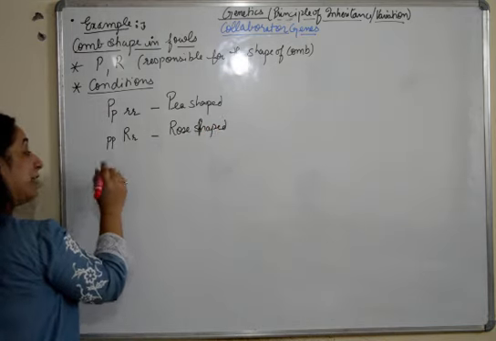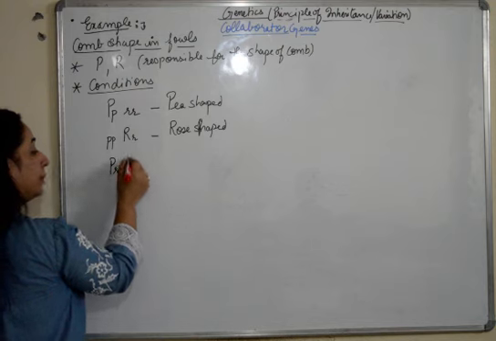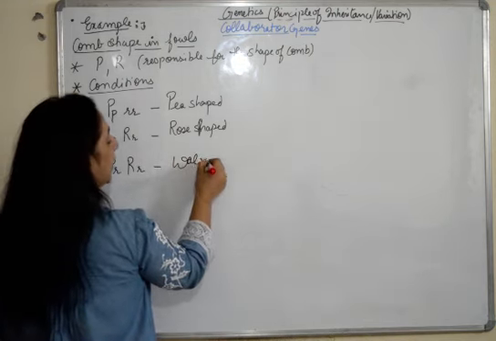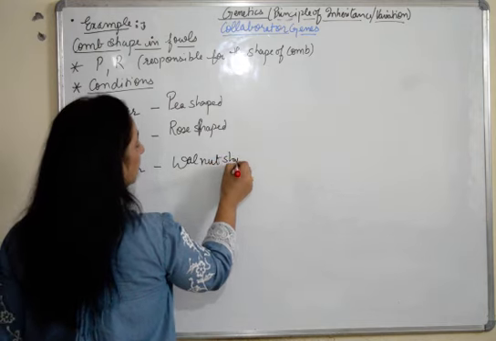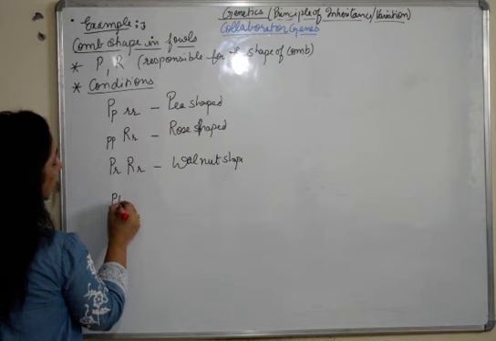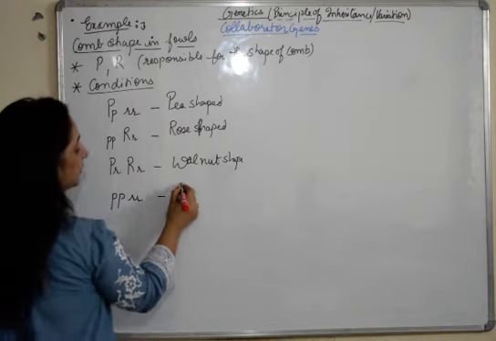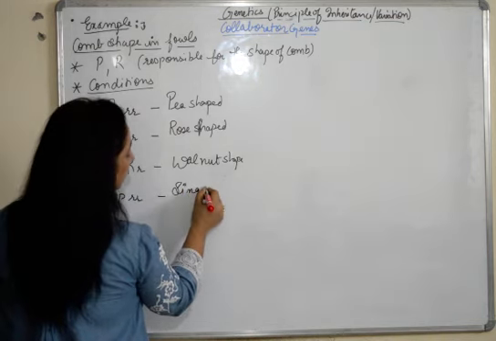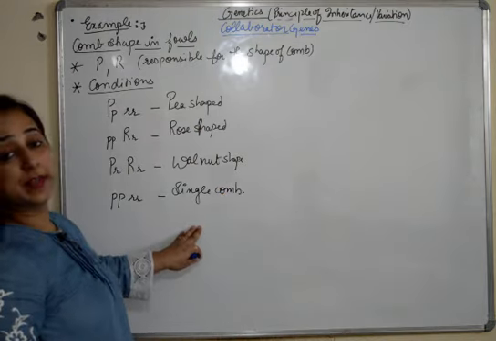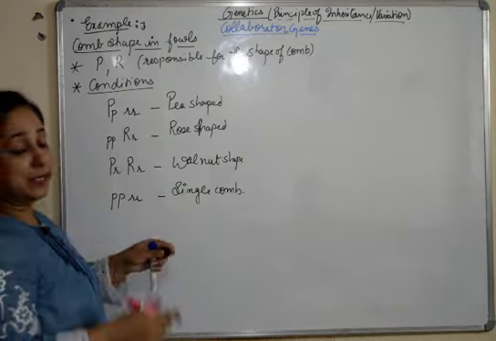And then we have one more condition where both are dominant. In this scenario we have a walnut shaped comb. And the other scenario where all are recessive, this is a single comb. So these are the results which we get if this type of an arrangement is present.